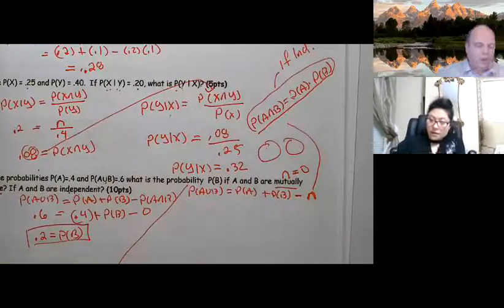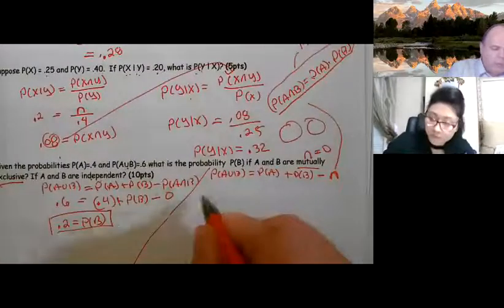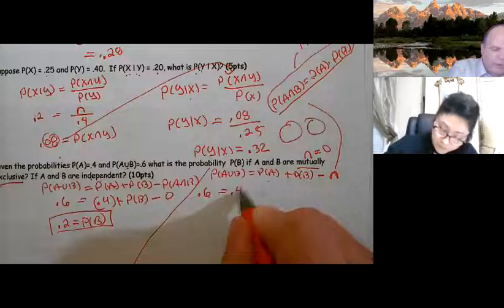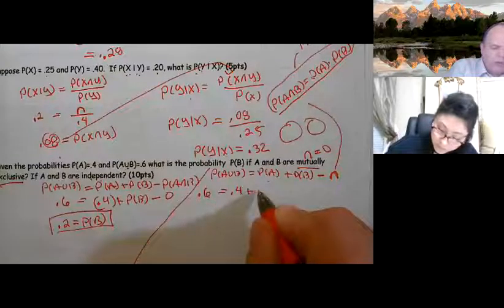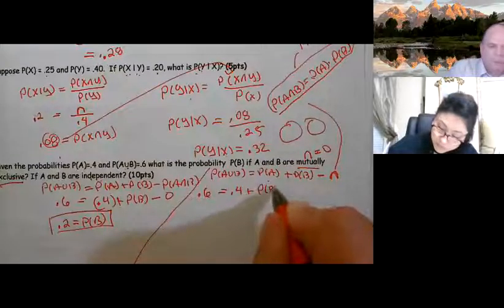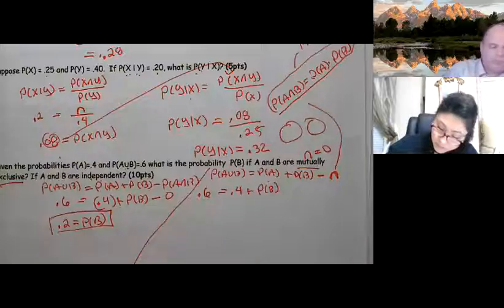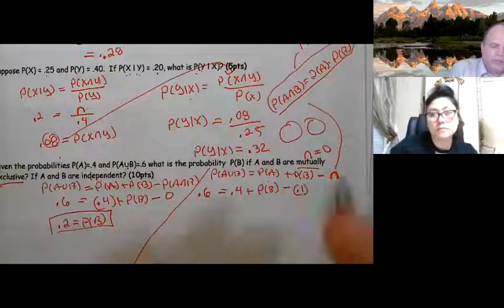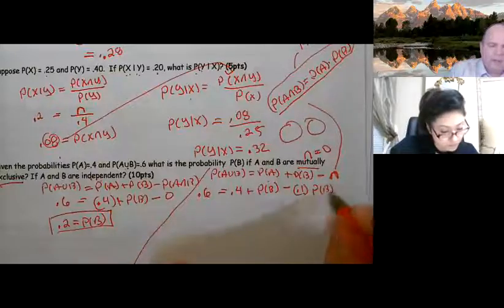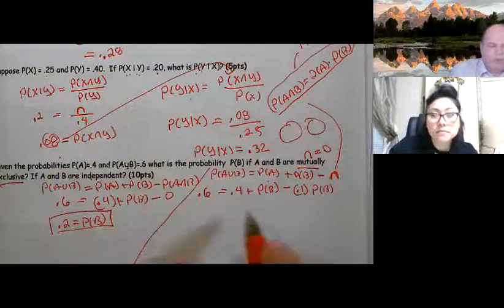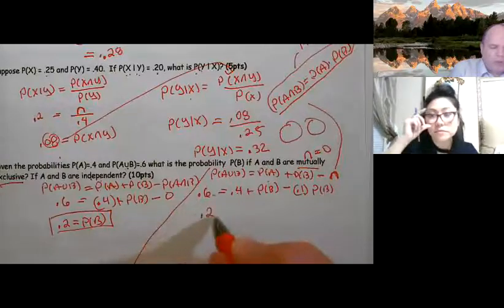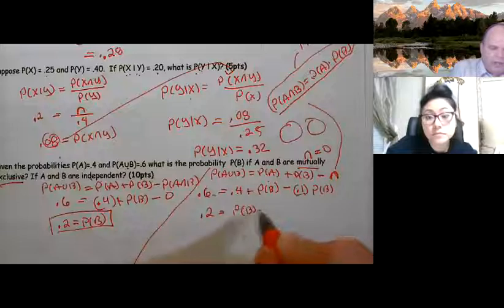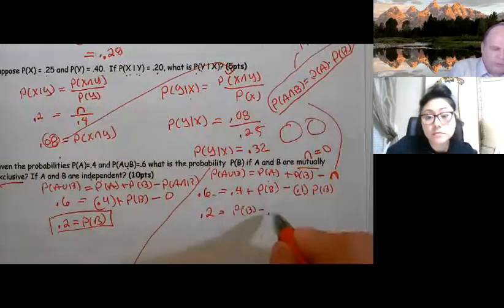So at which point it's like, okay, let's start plugging in. Well, I know this is 0.6. I know A is 0.4. I don't know the probability of B. Minus, I know A is 0.1, but I don't know the probability of B. Well, I'm going to subtract this real quickly, and I get 0.2 equals the probability of B minus 0.4.